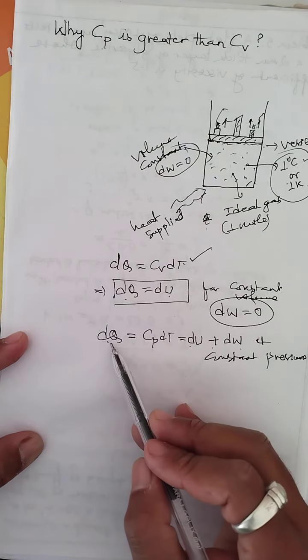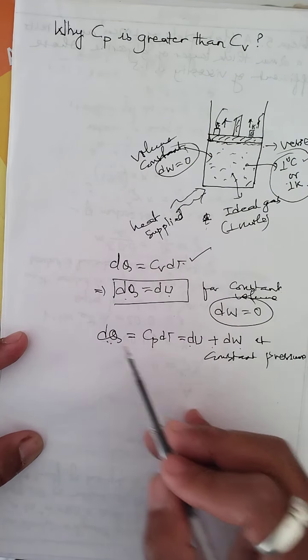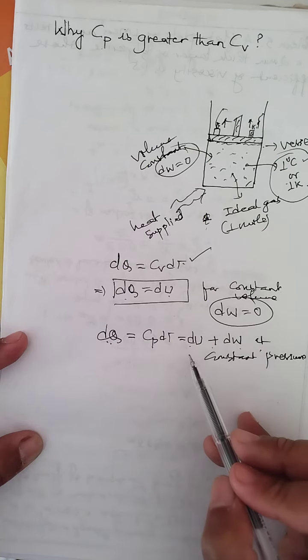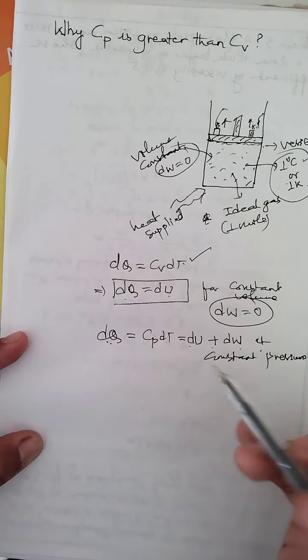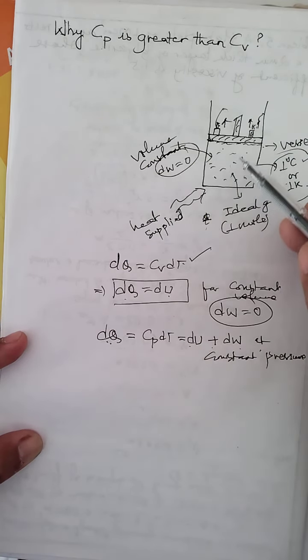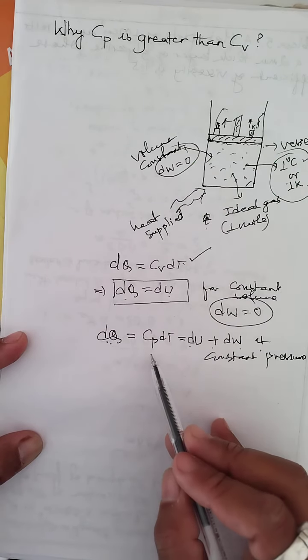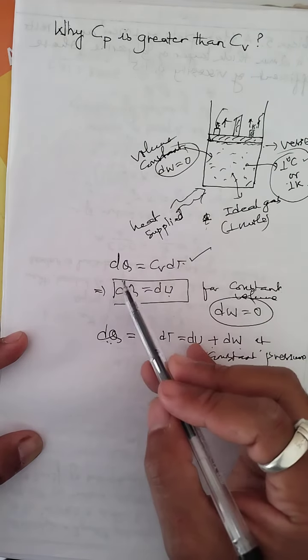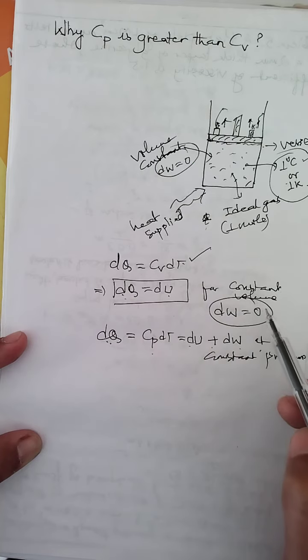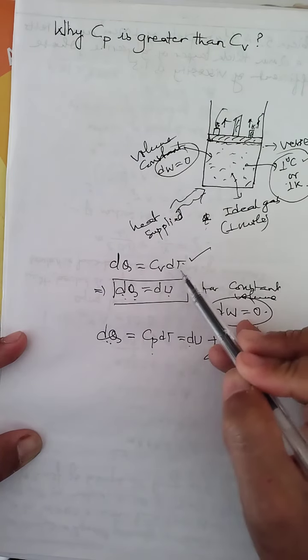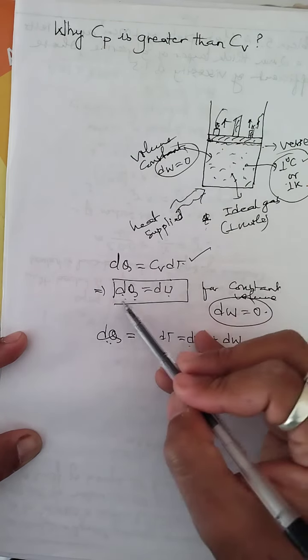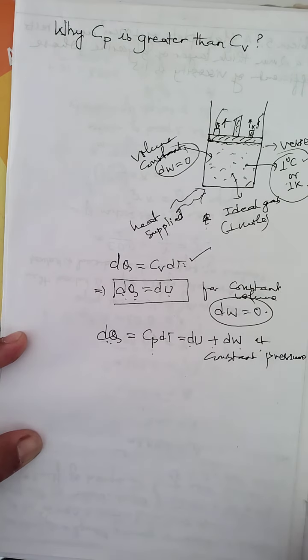Because this heat not only raises the temperature by 1 degree Celsius, but is also used to do some work by the gas against the pressure when pressure remains constant. Whereas the heat supplied at constant volume is only used to increase the internal energy of the gas, that means to raise the temperature of the gas by 1 degree Celsius.